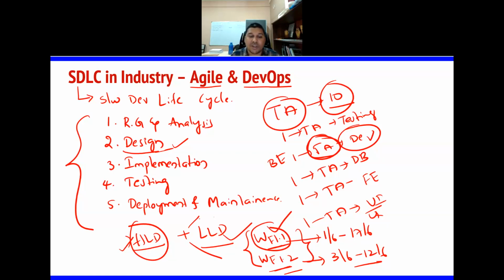Right? So given a low level document and also a high level document, as a developer, your job is to design the application. Okay, how will you design it? More details are available in the low level document. If you are from computer science, you might have studied this course of OOAD, object oriented analysis and design, or sometimes it is also called case tools lab.